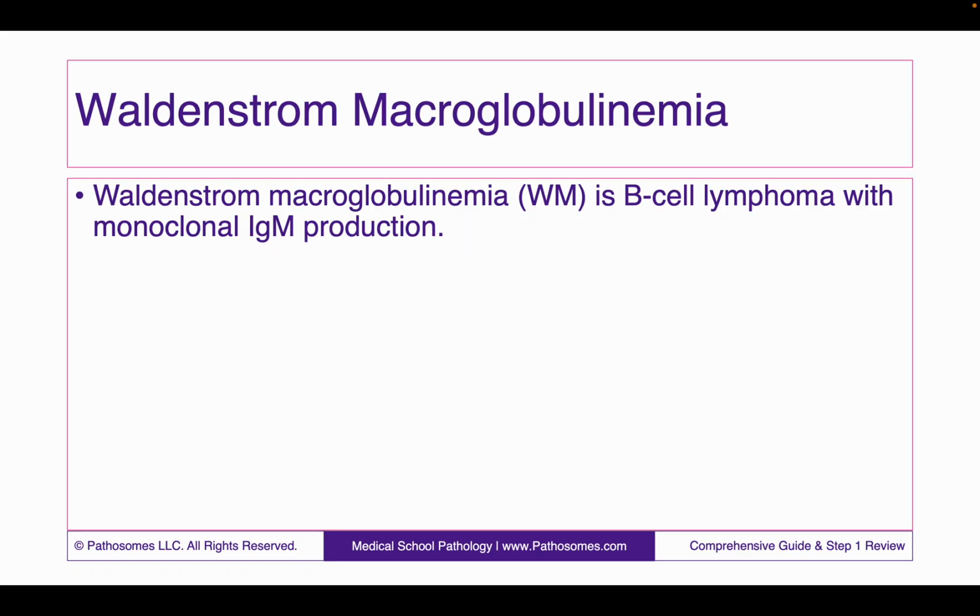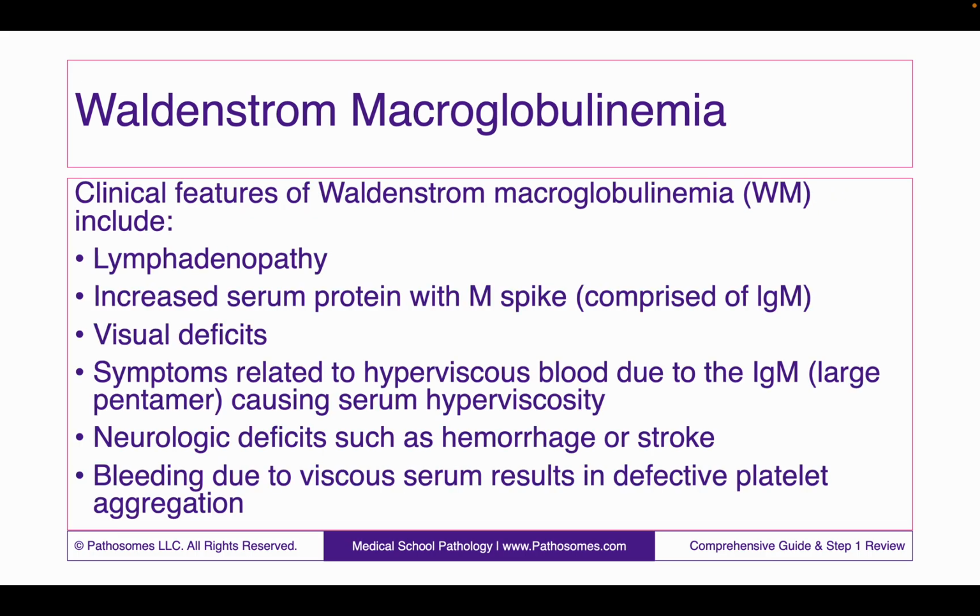Now let's move on to another plasma cell dyscrasia known as Waldenstrom macroglobulinemia. Waldenstrom macroglobulinemia is B-cell lymphoma with monoclonal IgM production. Clinical features of Waldenstrom macroglobulinemia include lymphadenopathy, increased serum protein with M spike, which is comprised of specifically IgM.